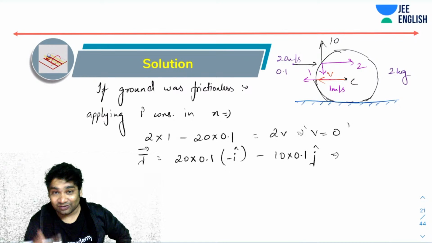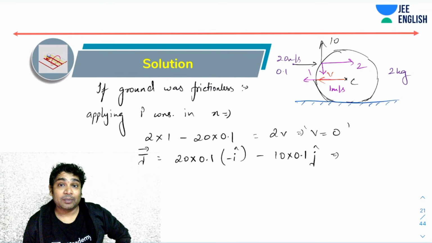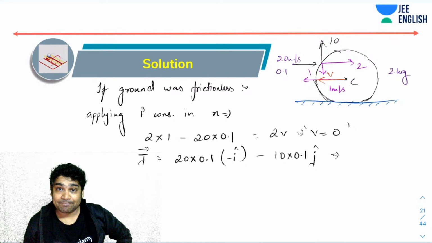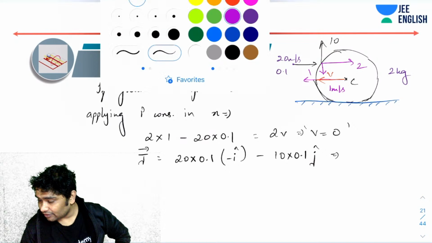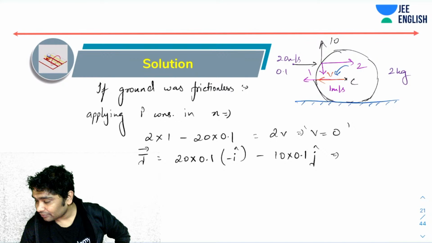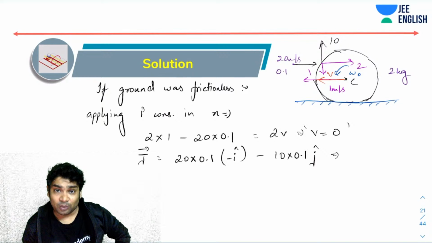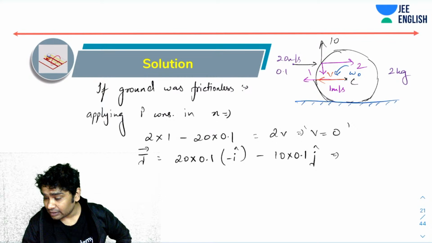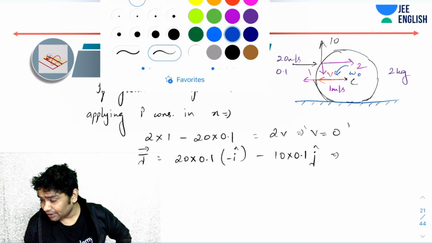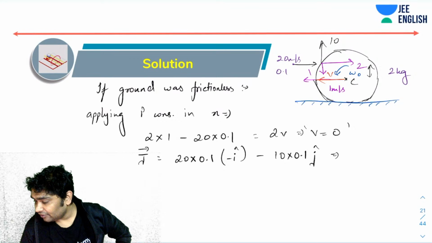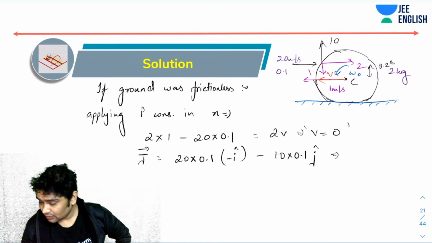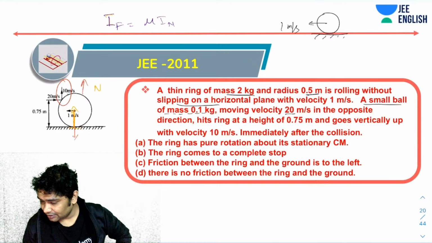So let's calculate the angular impulse, and then we will apply the angular impulse angular momentum theorem. Assuming that initially it was rotating with some omega naught, and finally with some omega. Let's see what would have happened due to this impulse. So this would be 0.25, and how about this vertical distance? Let's use some geometry.